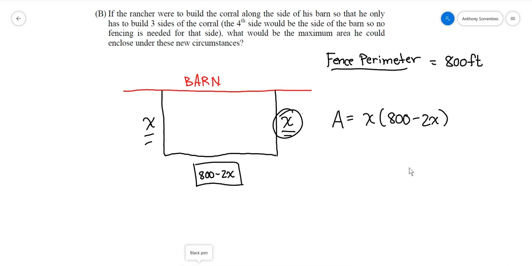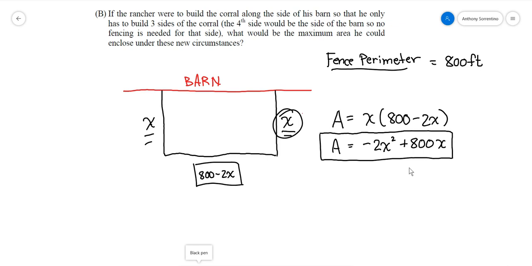And so now when I carry through the multiplication and expand it, I'm going to have negative 2x squared plus 800x. And so this is the formula that represents every possible area I can get from 800 feet of fencing, and I want to find which one's going to have a maximum area. Where's the area going to be the largest?